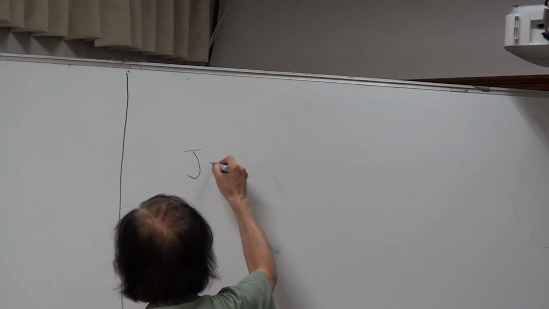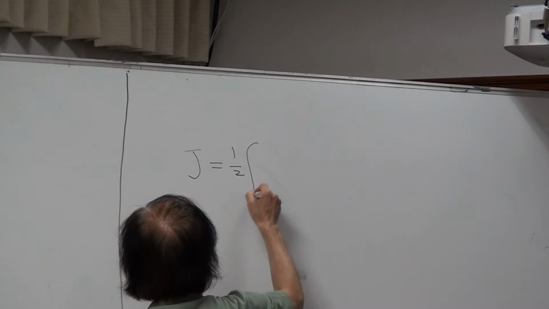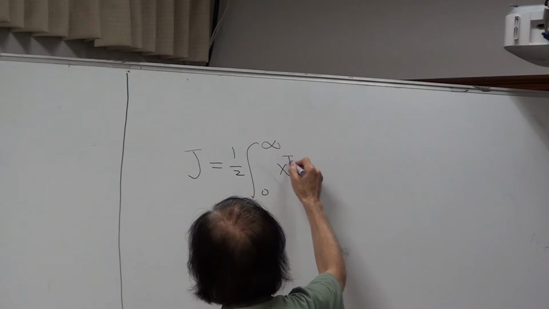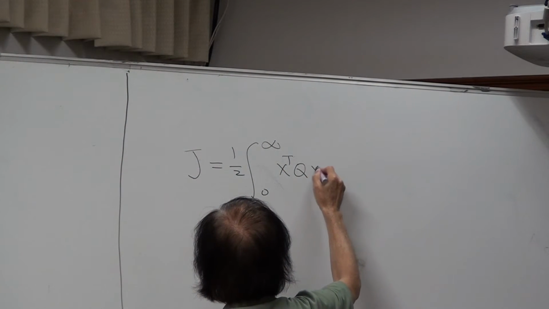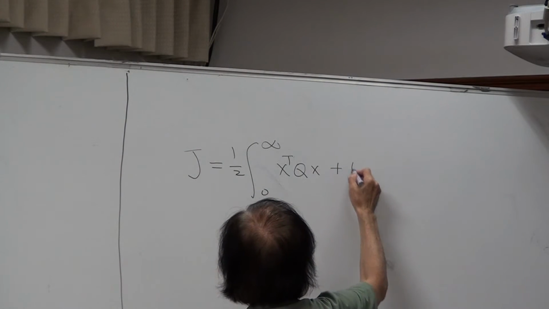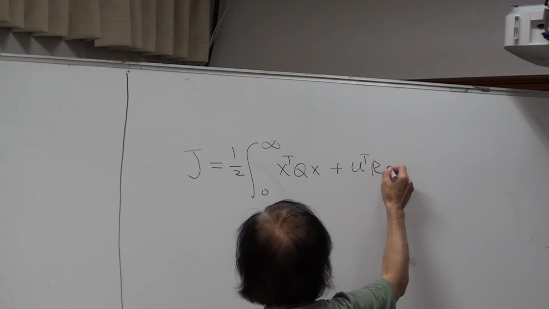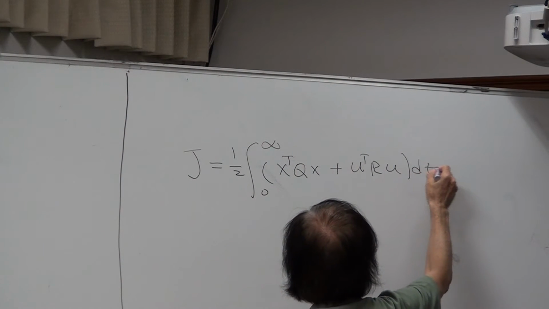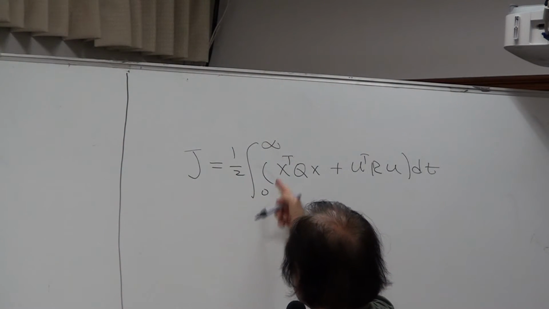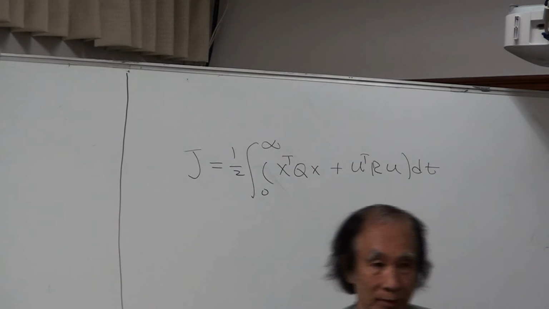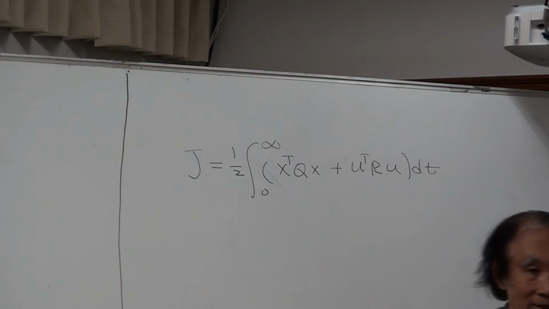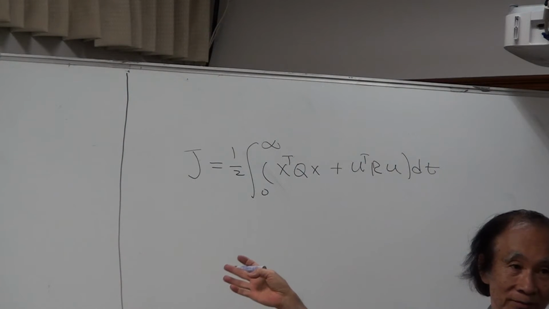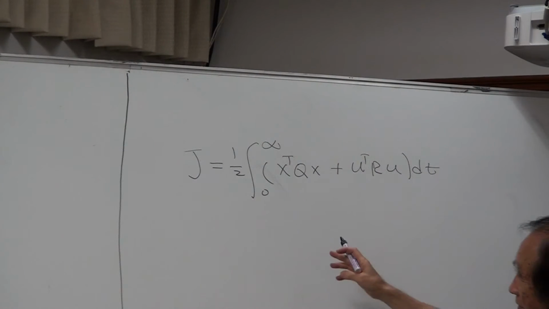The cost index is J equal to half the integral of x transpose Q x plus u transpose R u, dt, from 0 to infinity. This is the simplest you can ever have in optimal control. That's the simplest.